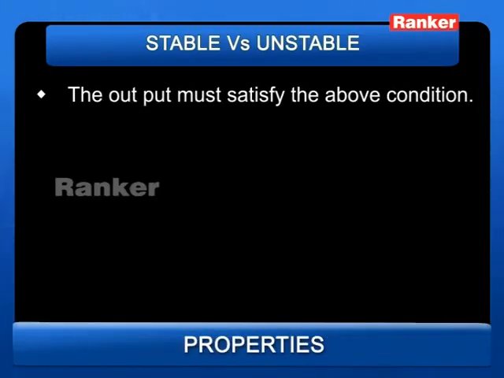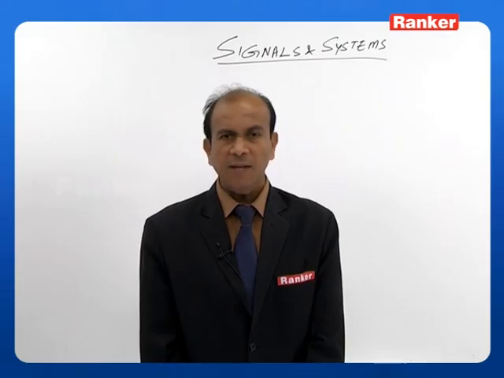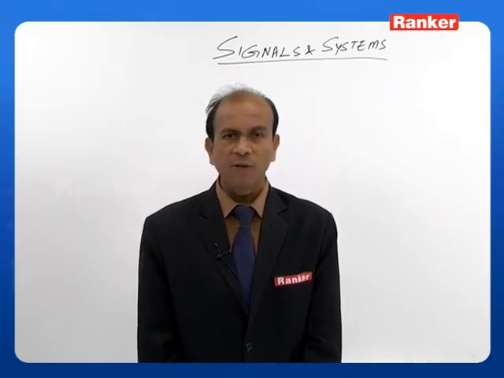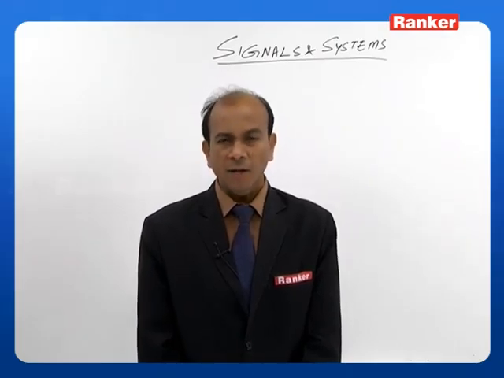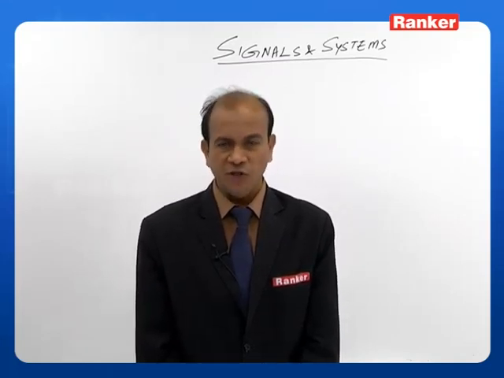So x of t again is bounded by a condition, that is |x(t)| is less than or equal to Mx, where Mx is less than infinity. That means the values of the input and the values of the output are not going beyond infinity. That means they are not diverging.